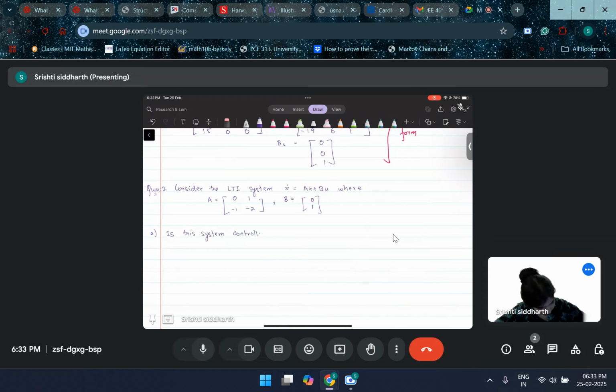Then the second part is compute a matrix F such that the eigenvalues of A plus BF are both zeros.